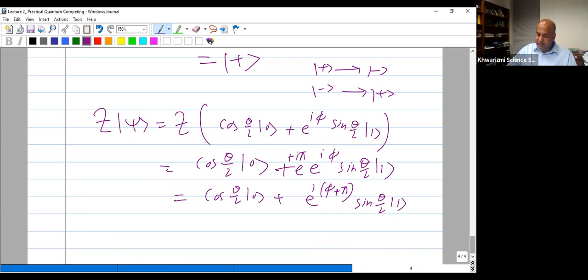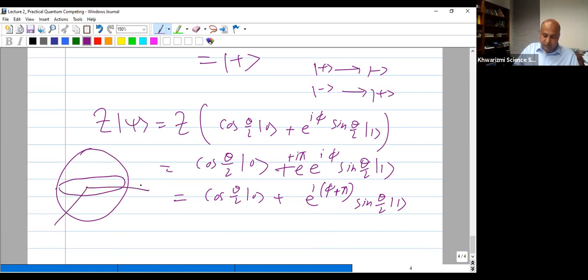So now we see that for a general state, if I draw a Bloch sphere here, x, y, z, and we have a state psi that has an angle theta, and its projection has an angle phi with the x-axis, it doesn't change theta this time. It only changes phi by pi.